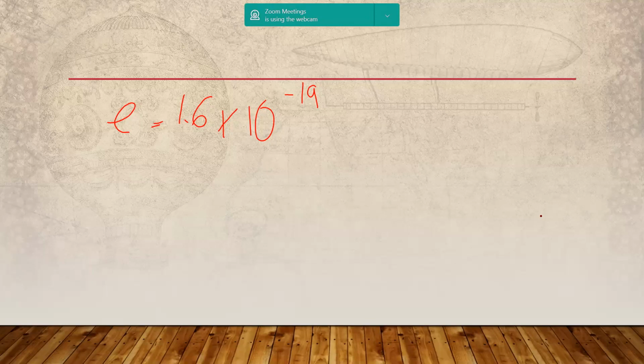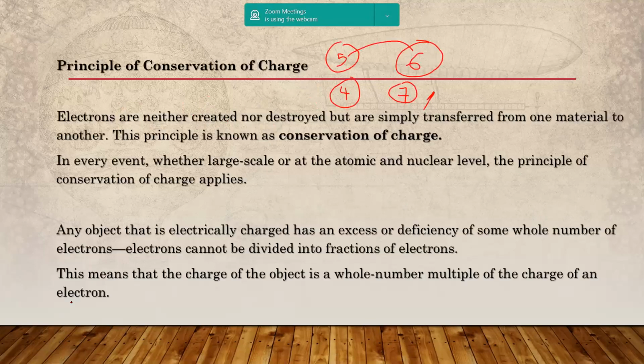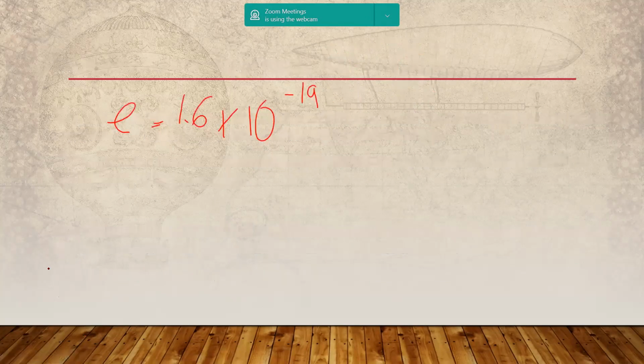So here, if you come back, what did we say before? We said that the charge of an object is a whole number multiple of the charge of an electron. That means this is the charge of an electron.